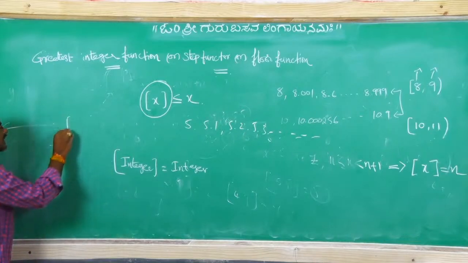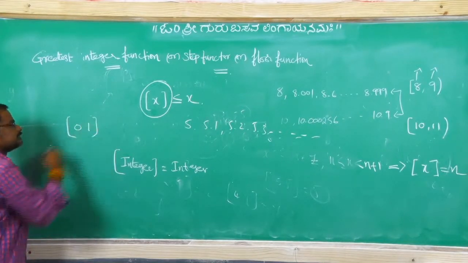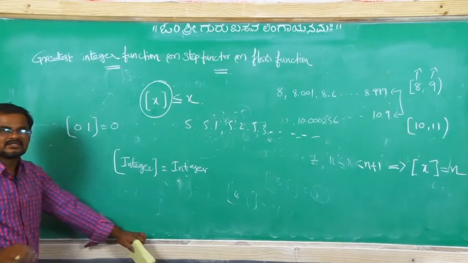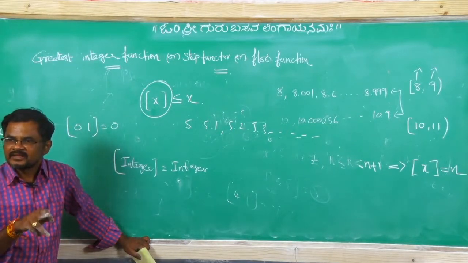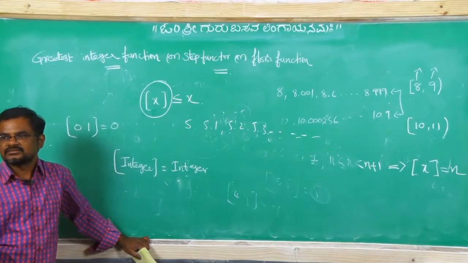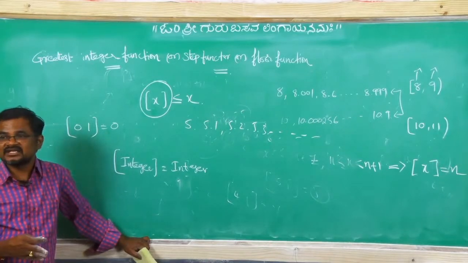Now the greatest integer of 0.1 is 0, because it is between 0 and 1. The left side of 0.1 is the integer 0.